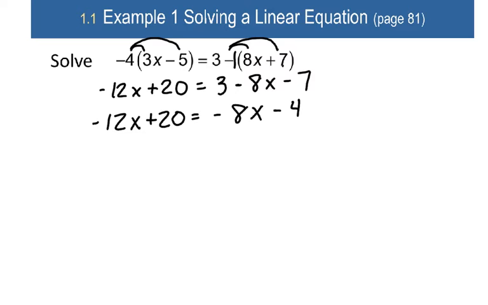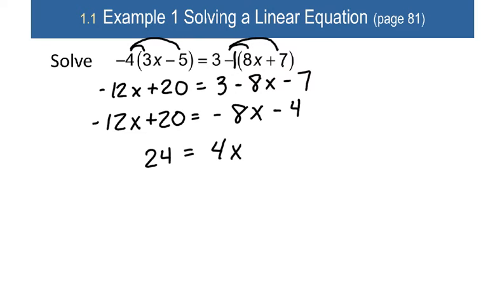And now we're going to be using that addition property. So we're going to add 4 to both sides, and then also add 12x to both sides. And when we do that, we end up with 24 equals 4x.